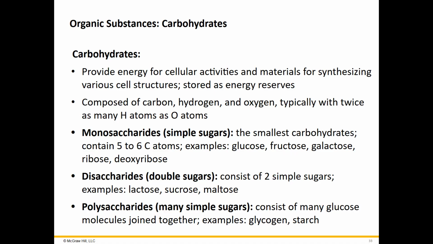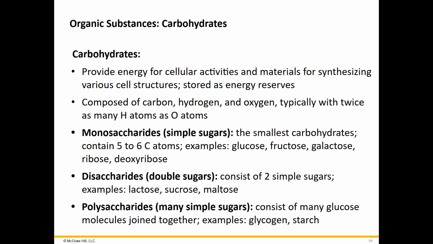There are 3 types of sugars. There is a simple sugar, called a monosaccharide. Saccharide is another term for carbohydrate. A simple sugar, or mono, is one sugar molecule, okay? Monosaccharide, one sugar, simple sugar.